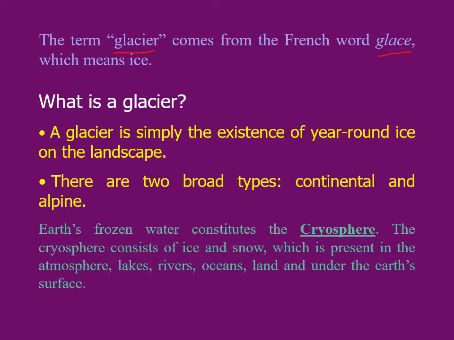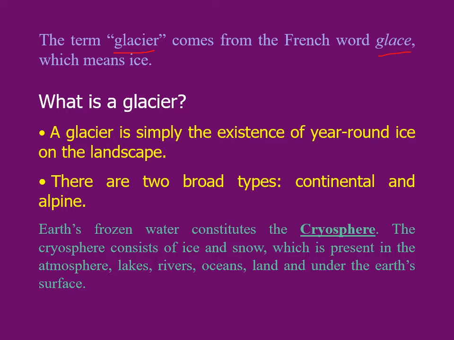So an area which has continuous ice cover must have a positive balance between the rate of accumulation of ice or snow and the rate of melting or loss of that ice or snow. So always the rate of accumulation must be higher.